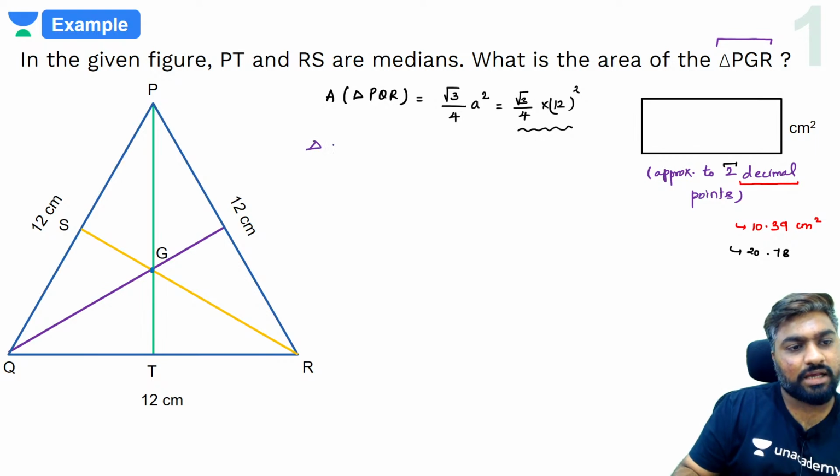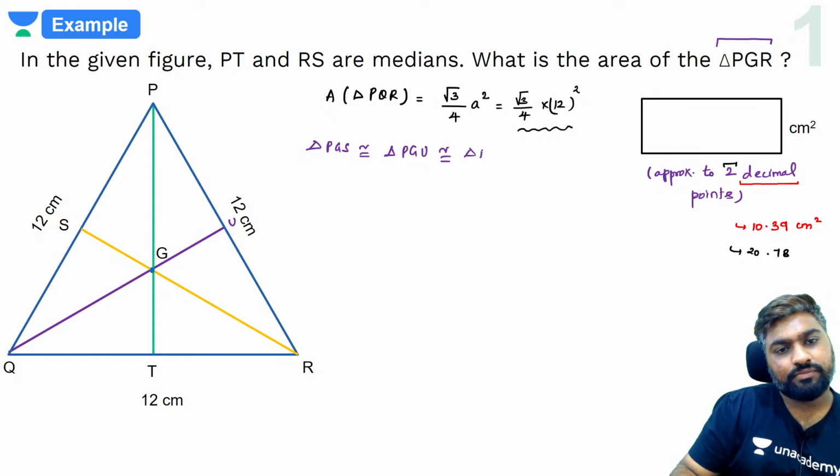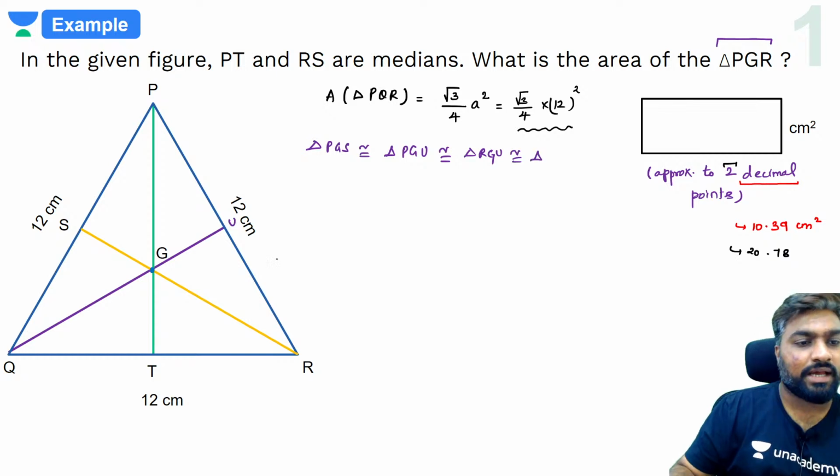If you take triangle PGS, this will be congruent to triangle PGU, which will be congruent to triangle GRU, which will be congruent to triangle RGT, which will be congruent to triangle QGT.